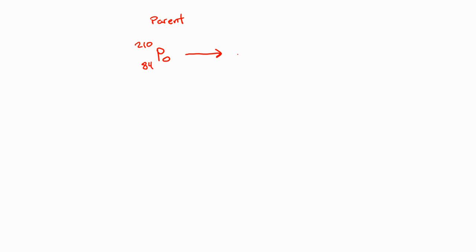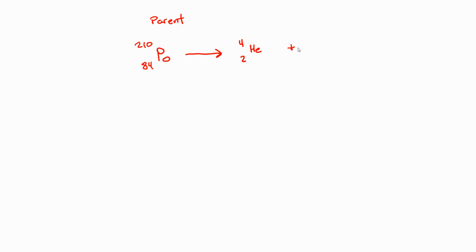Well, we know that we're going to get an alpha particle, so we're going to write that as a helium nucleus, just like that. And what we have to do is make sure that we remain balanced on the right side with the left side in terms of our total number of nucleons.